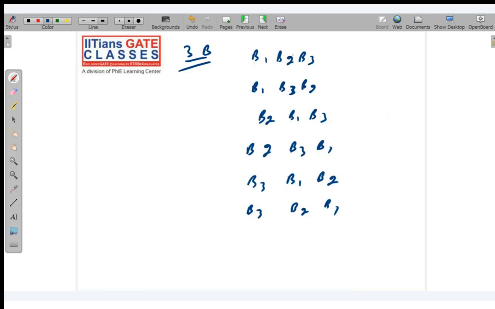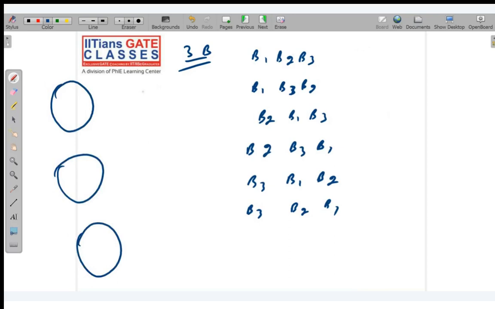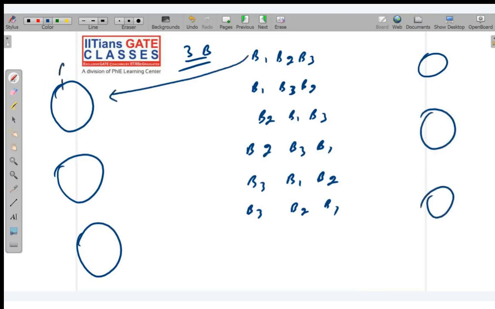So first, how will you arrange them? I will make 6 circles, numbered 1, 2, 3, and here 4, 5, 6. First B1, B2, B3. Next B1, B3, B2.